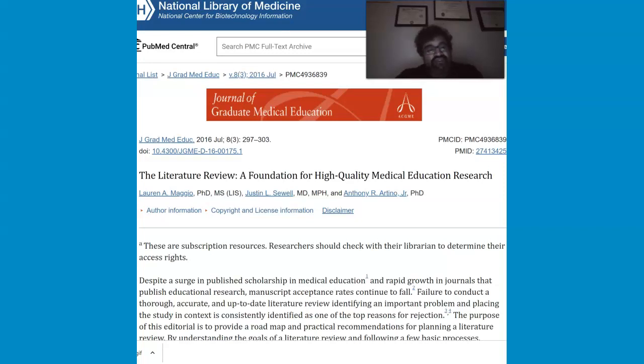So here today, what I'm trying to do is sort out how some of these literature reviews vary according to discipline, and give some pointers about how to conduct a nice, cohesive literature review.